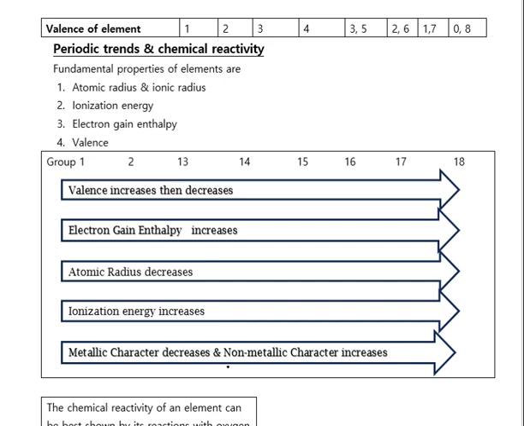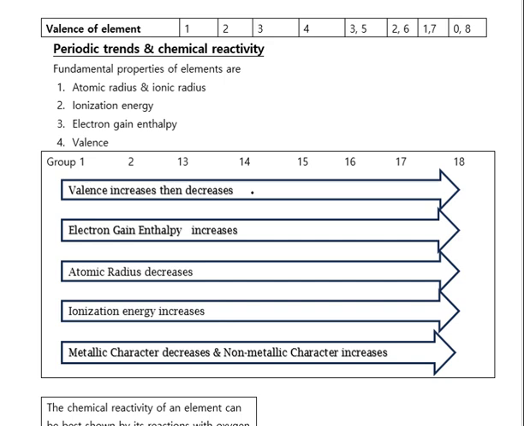Metallic character decreases, but non-metallic character increases from left to right. Valence increases then decreases. Valence from group 1 elements, that means leftmost, increases up to the 13th or 14th group element, that means up to the middle, and thereafter it starts decreasing.